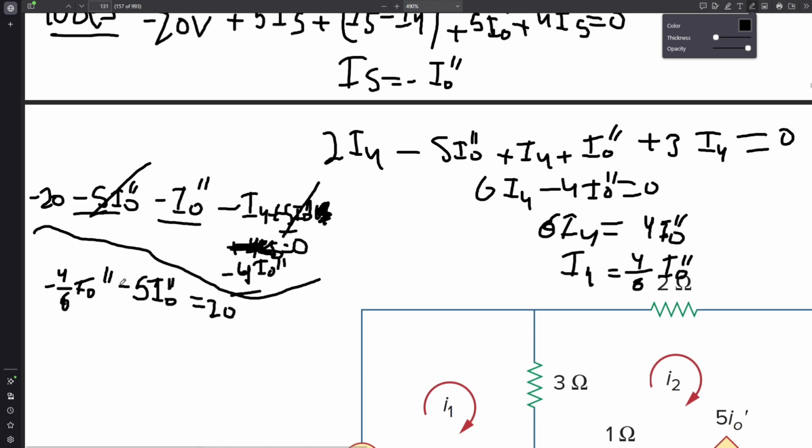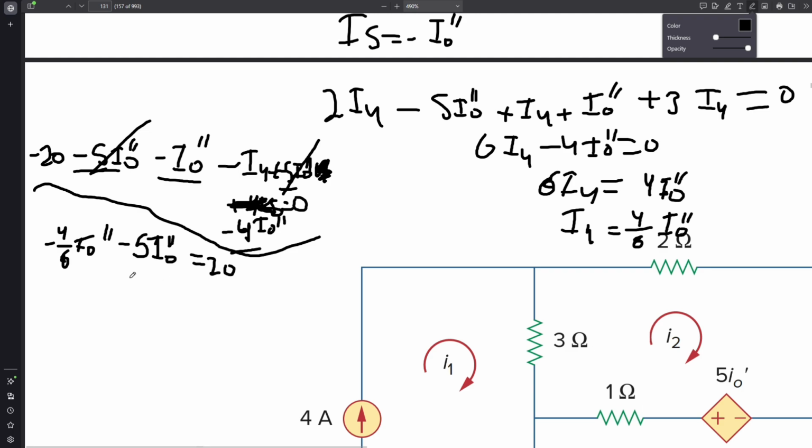So we'll now combine these two together. You will have negative, this is 2 over 3, and this is basically negative 15 over 3.